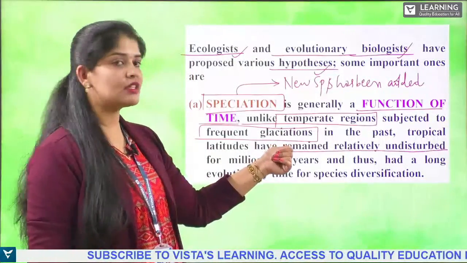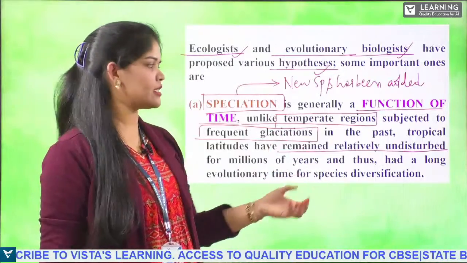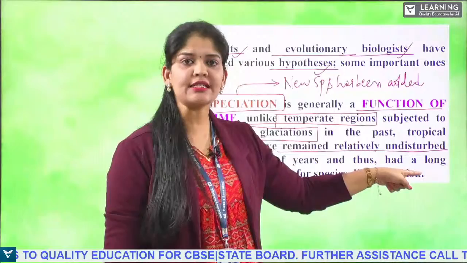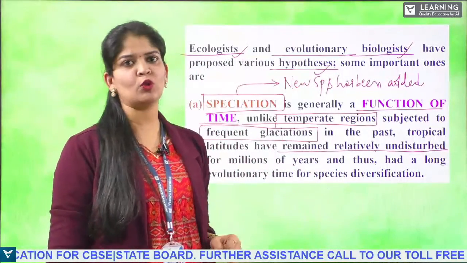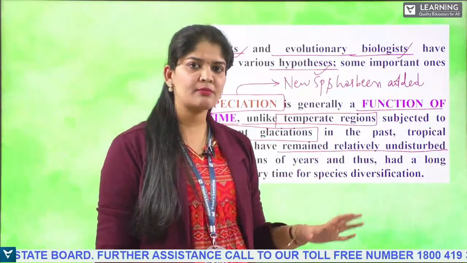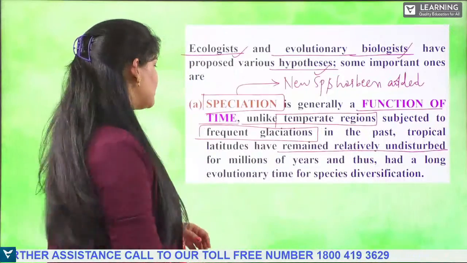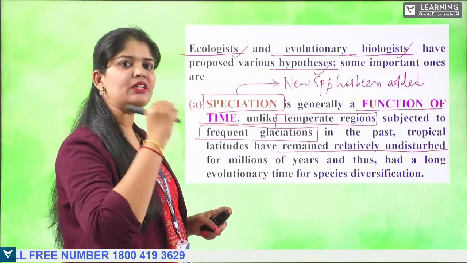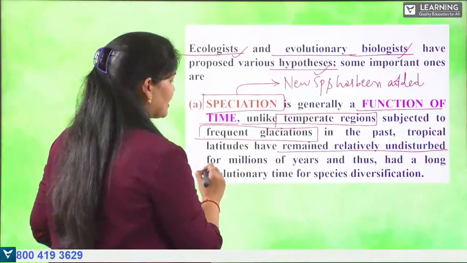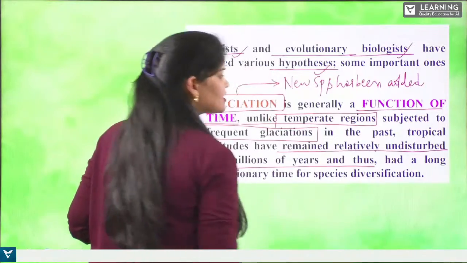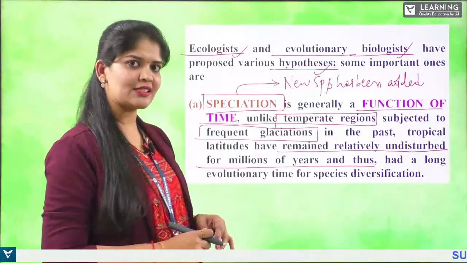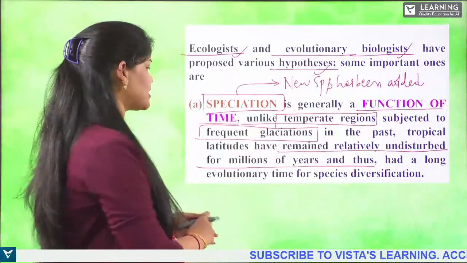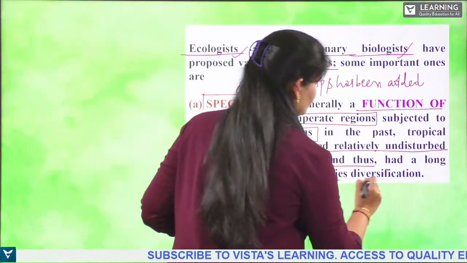In the tropical regions, it remains relatively undisturbed, so it can maintain constant climatic and environmental conditions. This consistency and relatively stable state has been maintained for millions of years, and thus there is a possibility for a long evolutionary time for species diversification.